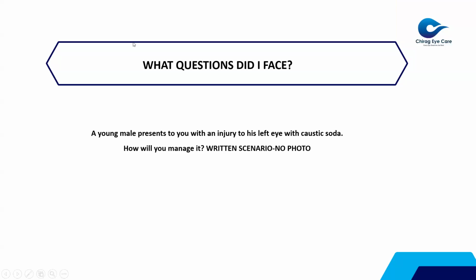Yes, please go ahead, doctor. Okay. First, I would like to check the pH. Then copious irrigation with a balanced salt solution for about half an hour until the pH becomes 7. Means we have to avoid the lid, look for any materials, and fully irrigate the fornix and surface.